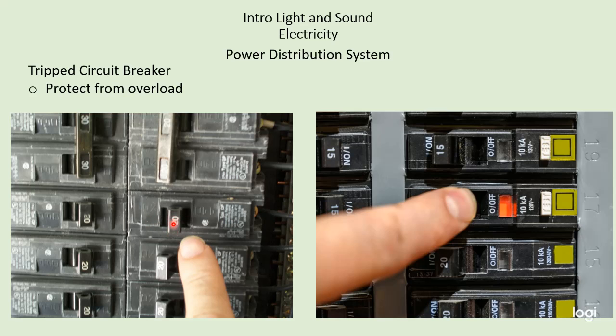If it's in this unusual position, that means that it's been tripped. In order to reset that, you would turn it to its off position and then move it back to its on. Now, it's important that you don't repeat whatever it is you were doing, i.e. the microwave and the toaster at the same time. It will trip again, but you don't want to do that.